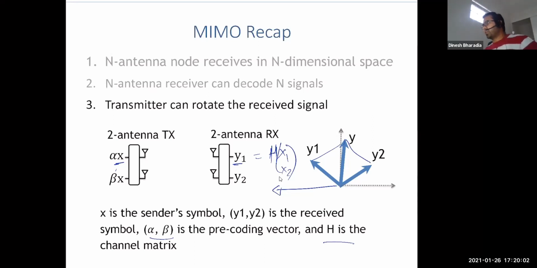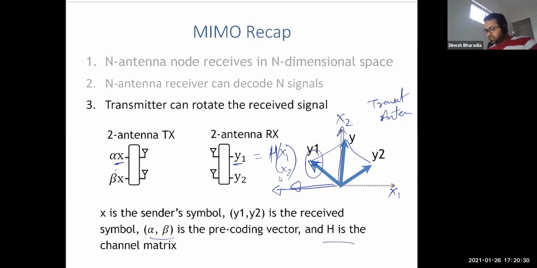So for example, this is your x1 and this is your x2. So y1 is really some negative component of x1 and some positive component of x2 combined together gives you y1. So this is in the transmit antenna space. I am showing y1.